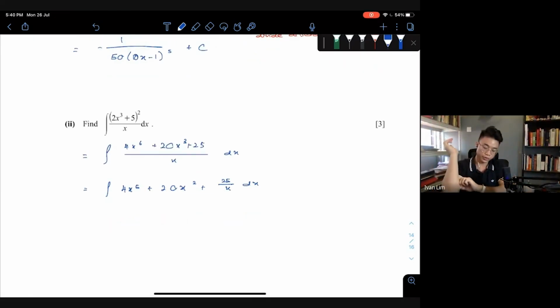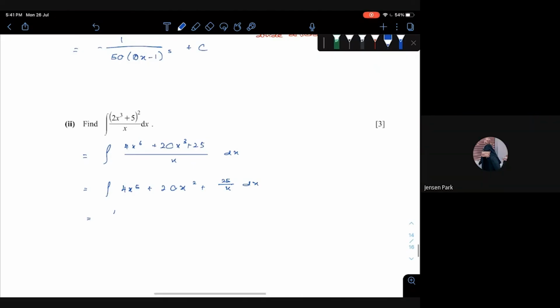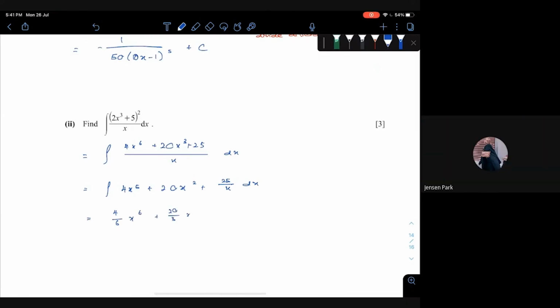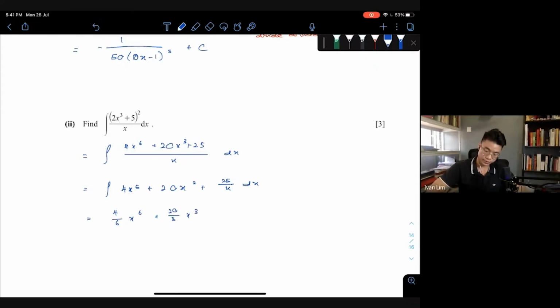When we want to integrate this, power plus 1, power pull down. Here will be 4 over 6 x to the power of 6 plus 20 over 3 x cubed plus 25 ln x plus c.